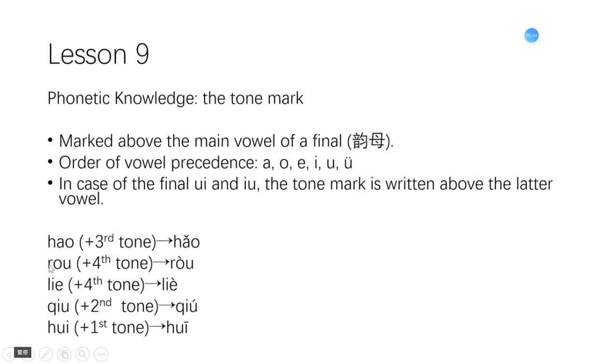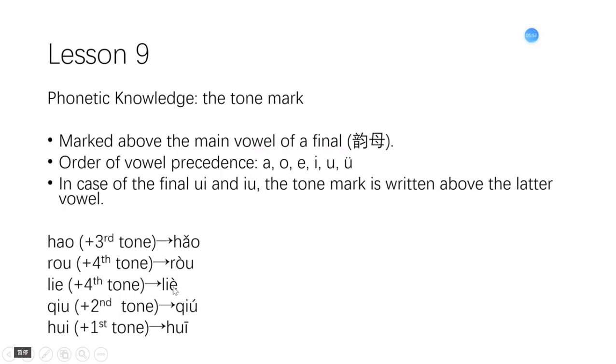And initial r, final e, and we read it under the fourth tone. So there's both e and u, and according to this order, we put the tone mark above e, not u. And similarly, lie, there's both i and e, and e sounds louder than i.